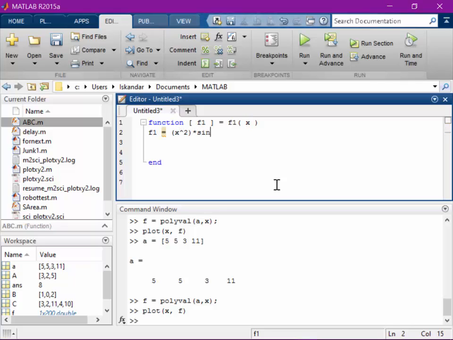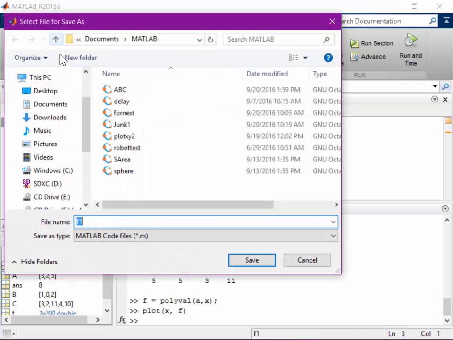Times the sine of 3 times x, plus 2. And so there's our function definition. I've defined a function, so I'm going to save this and call it F1. It defaults to F1 because I named the function F1.